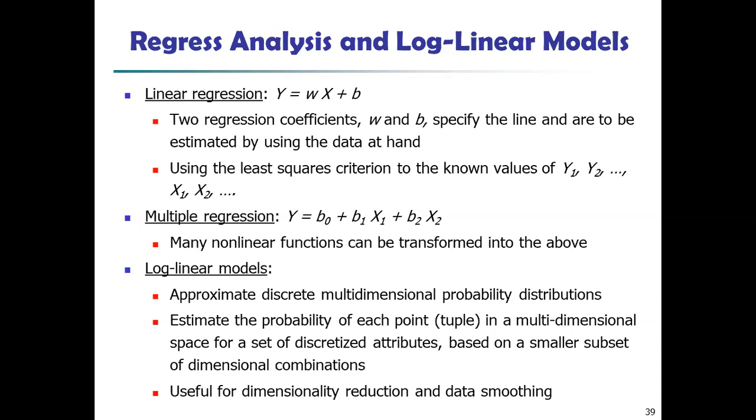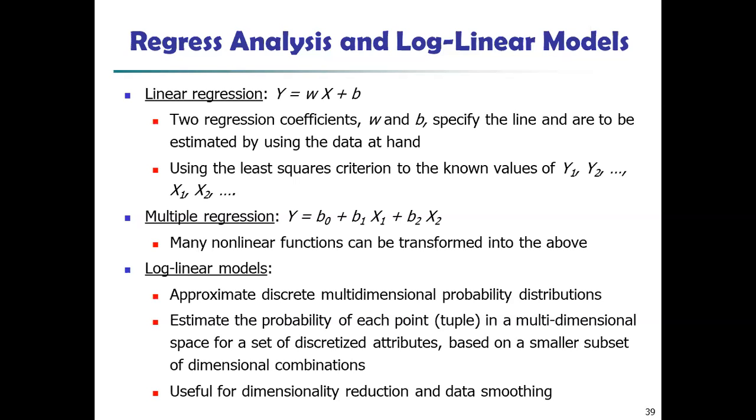W and B are the coefficients, so their values do not change, but if x is changed, automatically y is changed. So simply, the y value is depending on x. X is the independent variable, y is the dependent variable. That type of method you simply call linear regression.